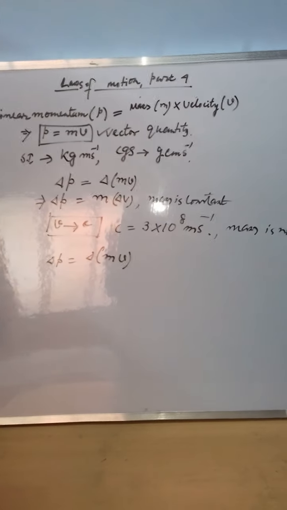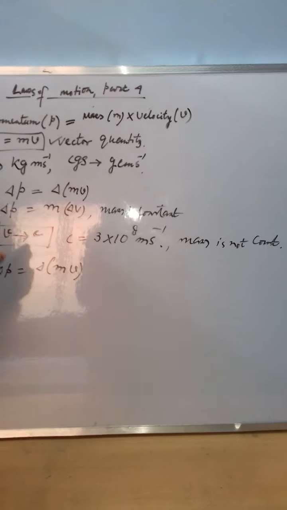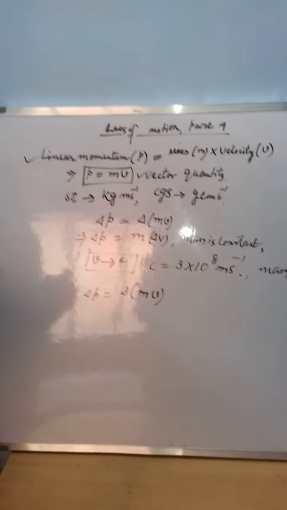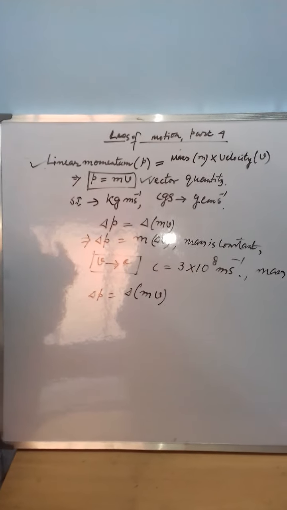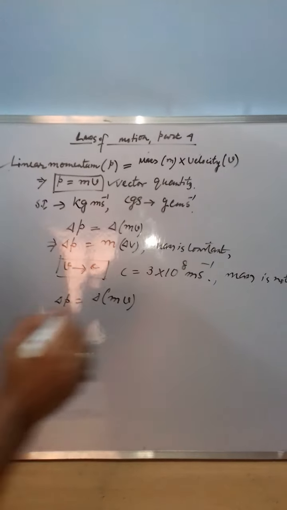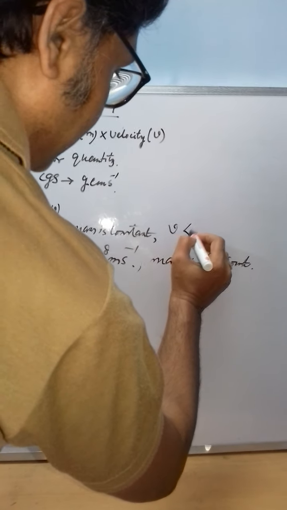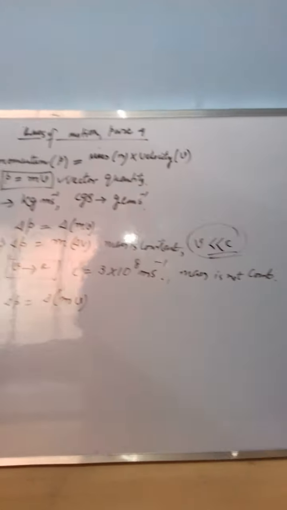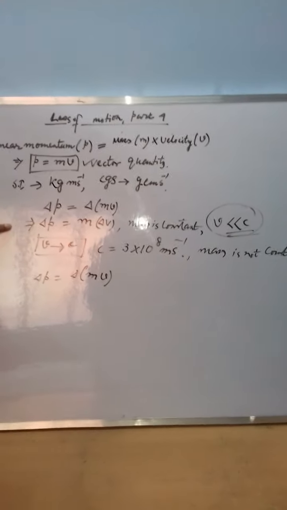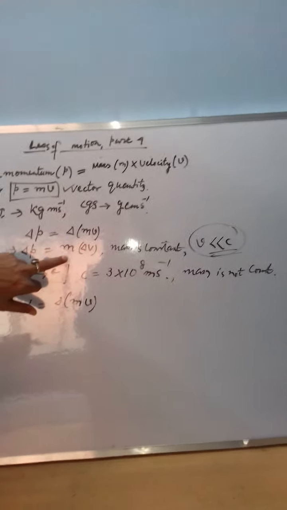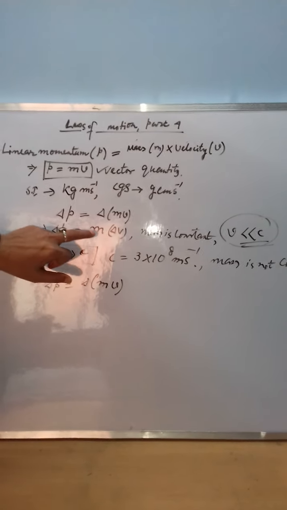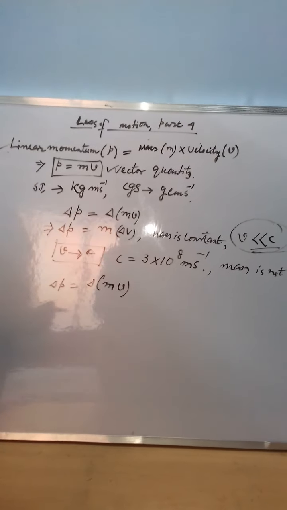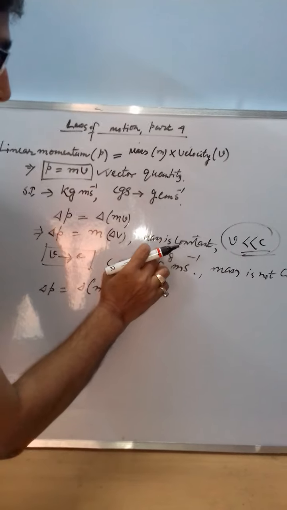But in most cases it is not possible to acquire a velocity equivalent to the velocity of light. So in the general case the velocity of the particle is very much less than the velocity of light, and only in that case does this equation hold true, that del p equal to m into del v, when the mass is constant.